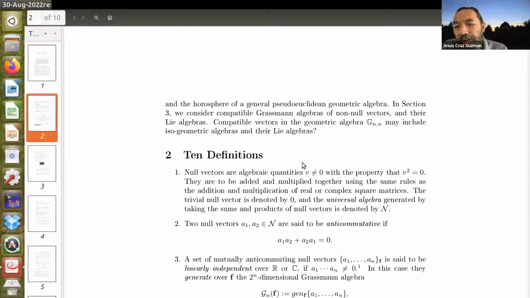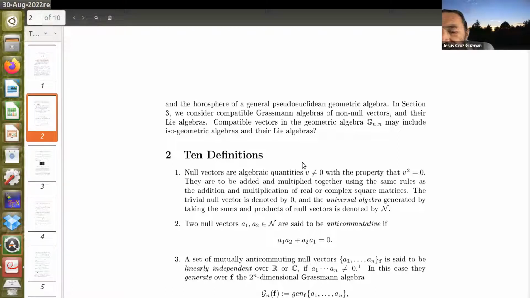Maybe a comment. I think the problem is that maybe we need a first definition about algebraic vectors. I think it can be better. And then after, we take only the algebraic vectors that are null vectors.